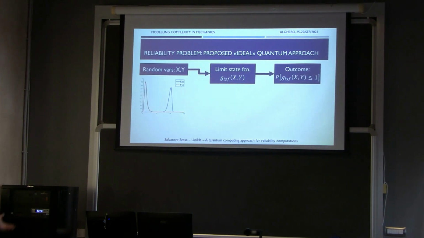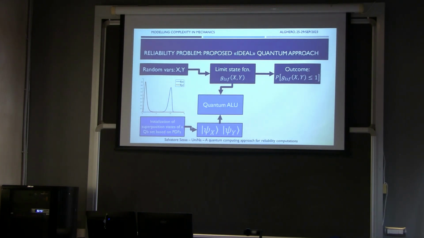And in general, if we go back to the previous slide, the idea is that if I have a set of random variables, I can initialize the superposition state of many qubits in order to be consistent with the probability density function of the variables. And so we have two superposition states.